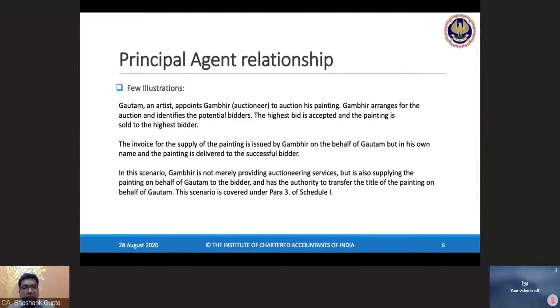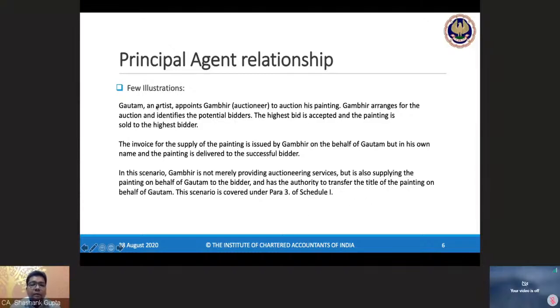And hence, this becomes a case where the agent is undertaking supply or receipt of goods on behalf of the principal. So goods are actually being sold by the artist, but Gambhir is stepping in and saying, okay, I am the one who's selling, but he is actually selling on behalf of Gautam. So here is the case where it will be covered under Schedule 1.